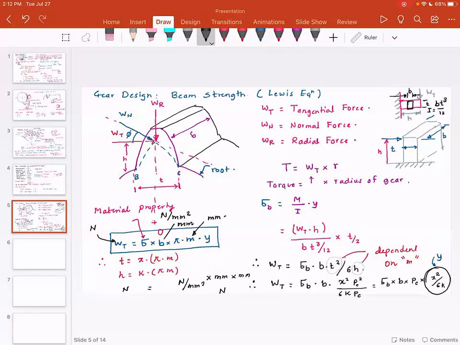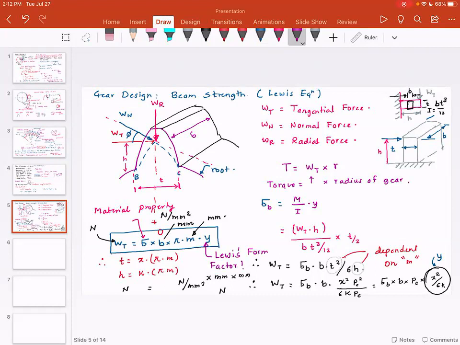So this is the most important equation in the gear design, and this is the first equation that you would choose. Now, what is Y? This Y is called the Lewis form factor. And what is this Lewis form factor?